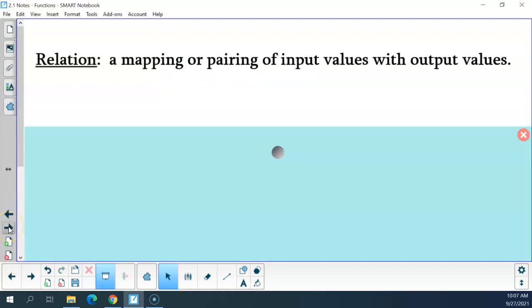Okay? So a relation is a mapping or a pairing of input values with output values.